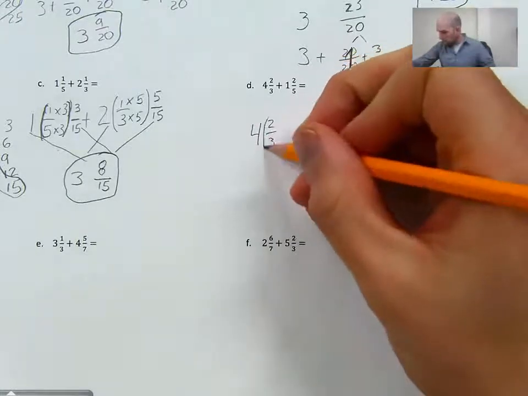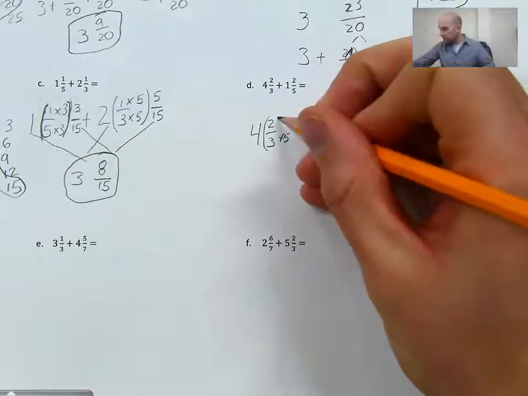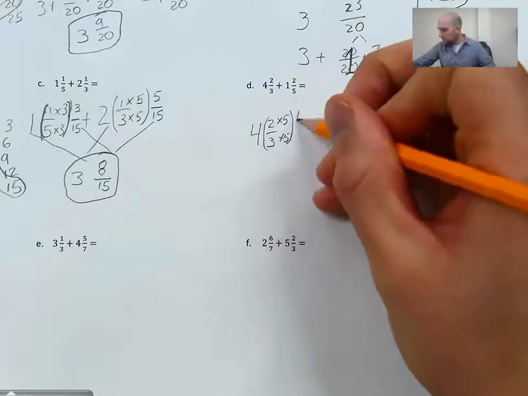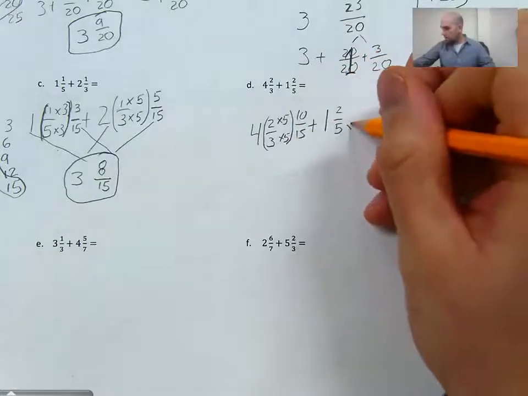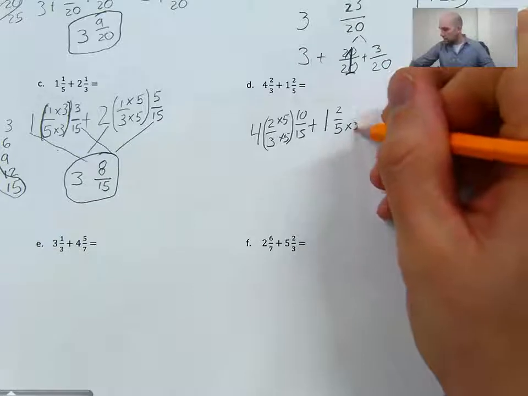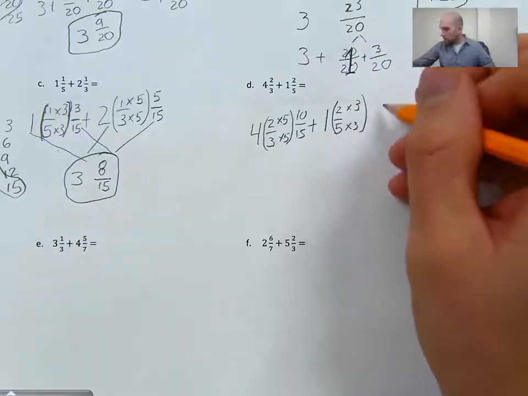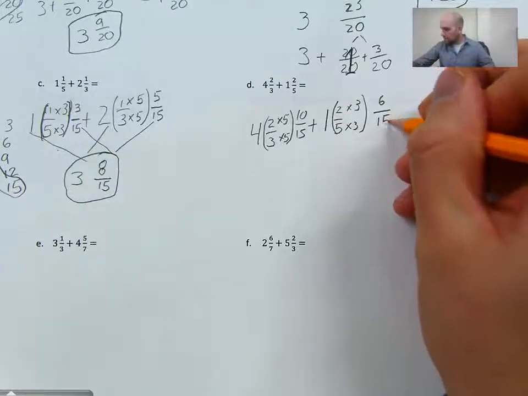So 3 times 5 is 15. 2 times 5 is 10, so 10/15. And then I need to multiply by 3. Multiply by 3. And we get 6 in our numerator and 15 in our denominator.